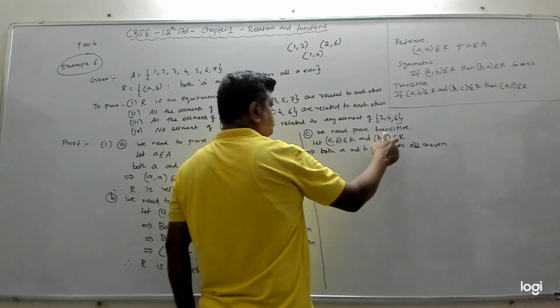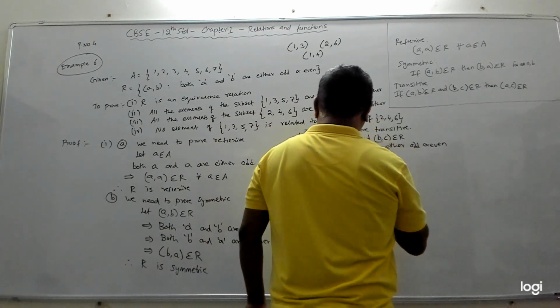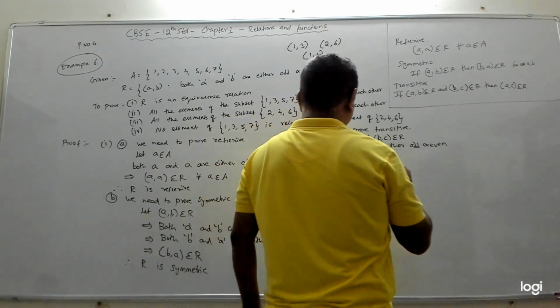And B comma C belongs to R means the same for B and C.